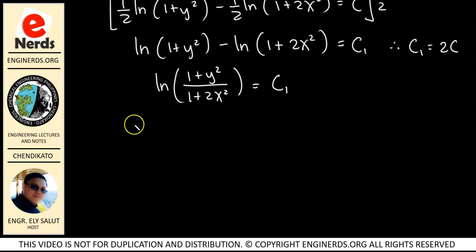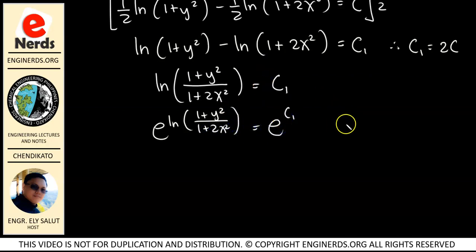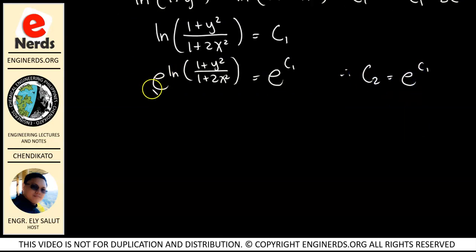Right, so now another property ng logarithm, I will have e to the ln 1 plus y squared over 1 plus 2x squared is equal to e to the c1. Okay, so I will use c2 is equal to e to the c1. So therefore, we can cancel this out.